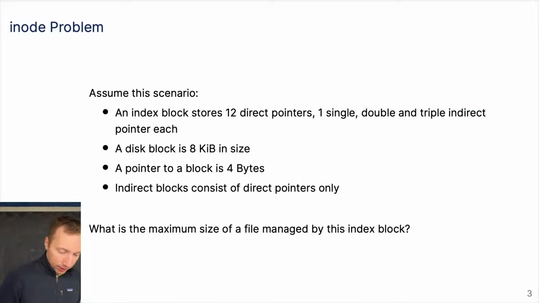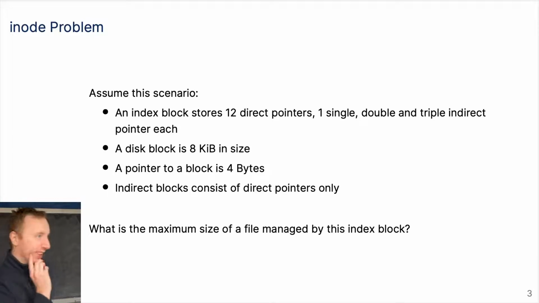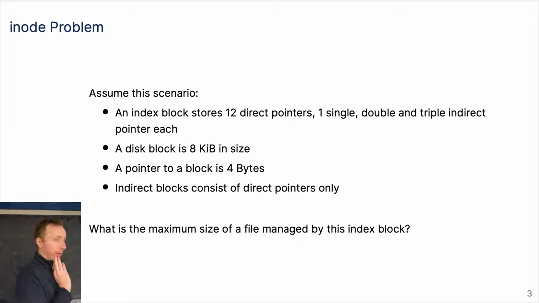Okay, so let's see, because we saw how big our file could be before with essentially just a single indirect. Our maximum file size could only be 16 megabytes. So let's assume we have an inode now and see how big of a file we can support.